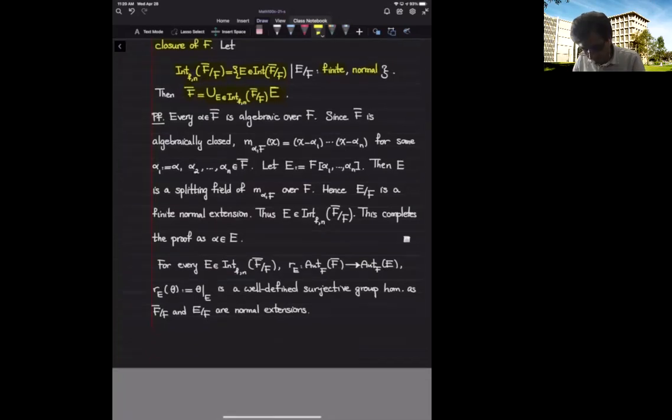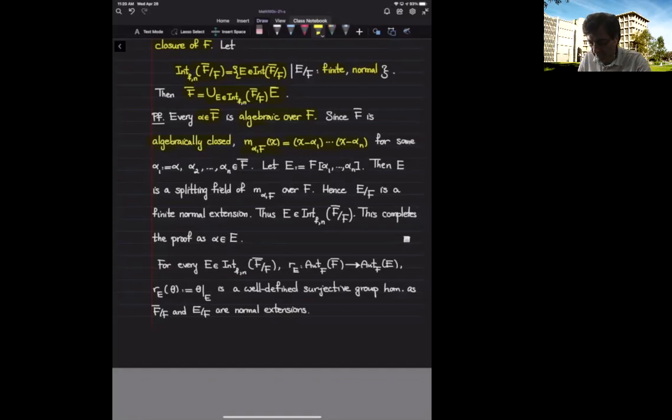Okay, so let's pick an element alpha inside F bar. That would be an algebraic element over F, because F bar over F is algebraic. But F bar is also algebraically closed. So every polynomial, including the minimal polynomial of alpha over F, can be decomposed into linear factors. That means I can find alpha i's inside F bar and write the minimal polynomial of alpha over F as the product of x minus alpha sub i's.